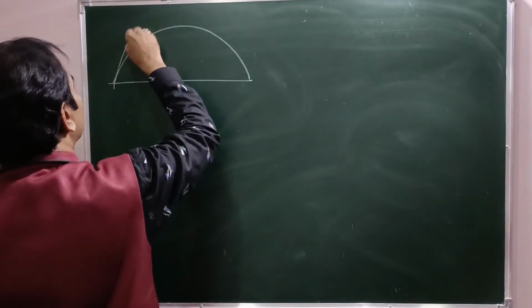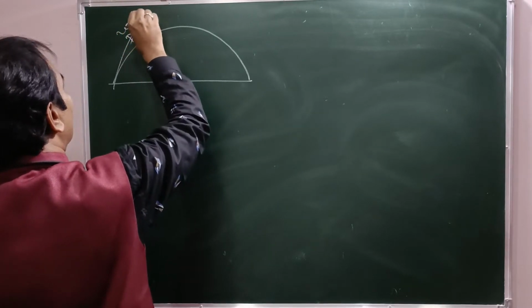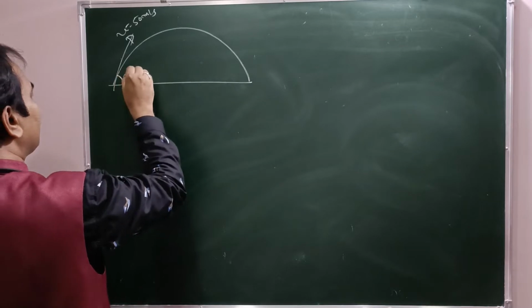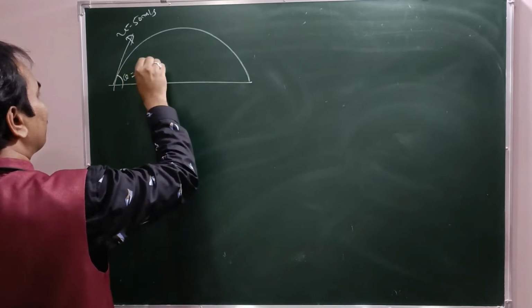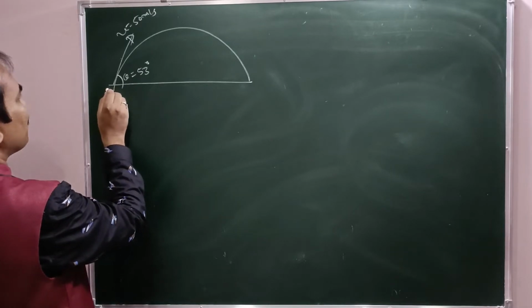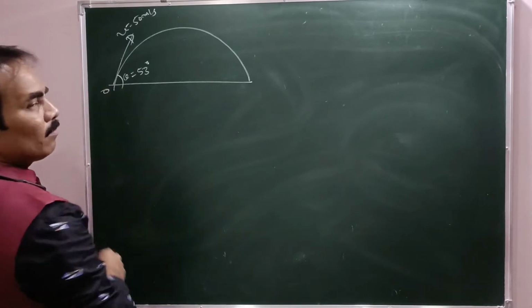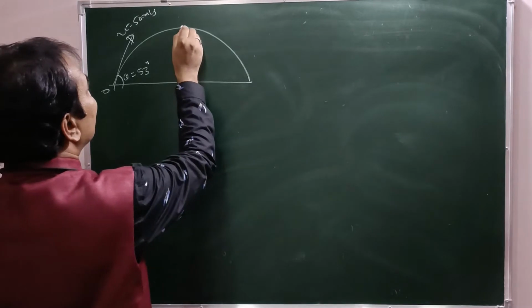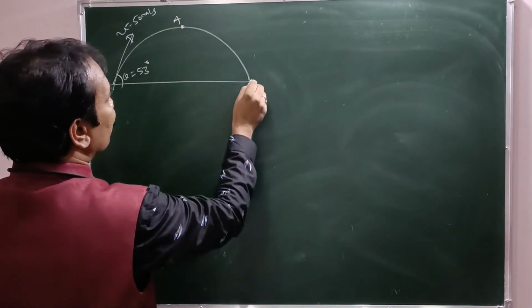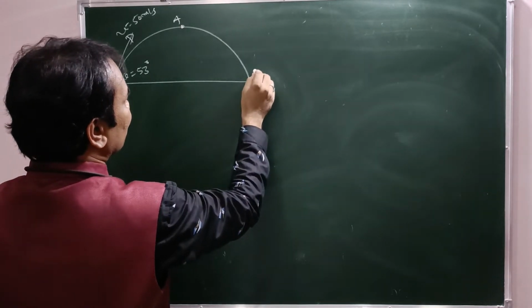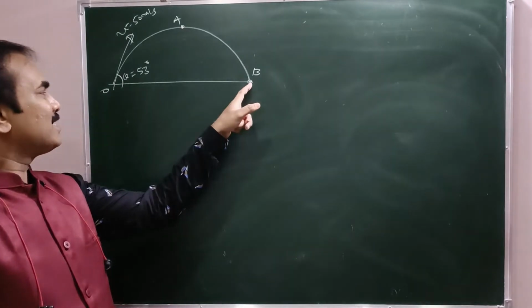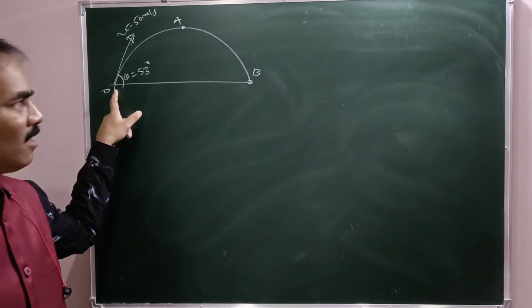Your velocity of projection u is equal to 50 meters per second, which makes an angle theta of 53 degrees with the horizon. Now here you are given 3 points on the trajectory. O, the point of projection; A, the highest point; B, the point at which it lands on the ground, which is at the same level as that of the point of projection, right?